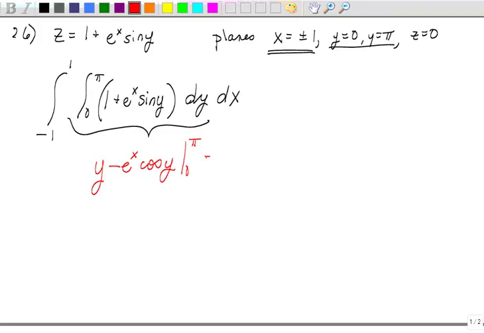And those are y values, so I have pi minus e to the x. Cosine of pi is negative 1 minus 0 minus cosine of y is 1, so that's e to the x. So this is going to be pi plus 2e to the x.